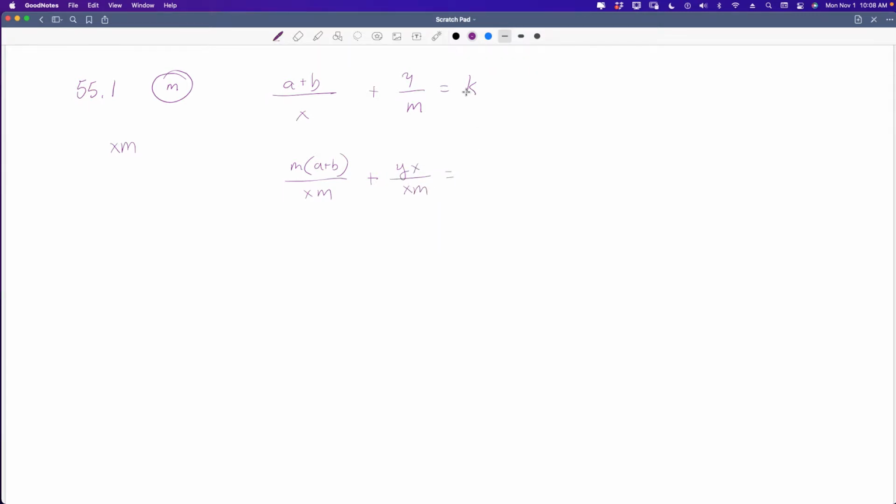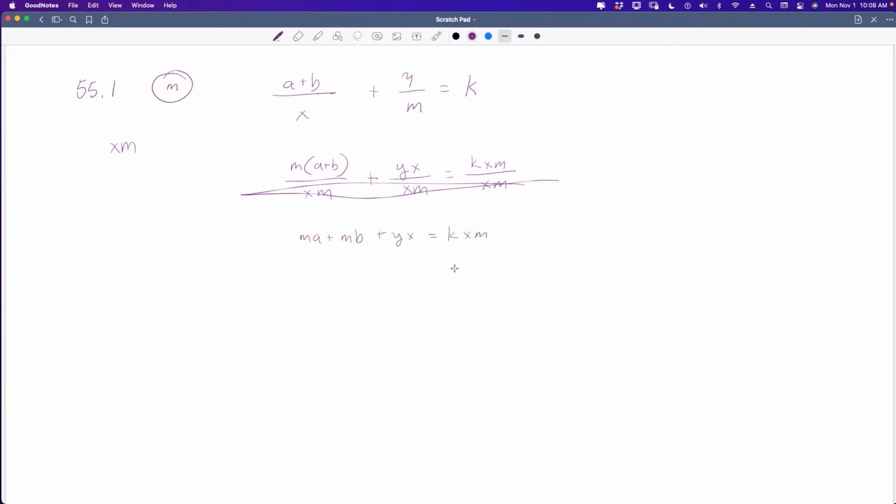And we need to multiply this one by both, so we get kxm over xm. And now that they all have the same denominator, we can eliminate it, right? Go away. So we have ma plus mb, I'm doing my distribution now, plus yx equals kxm.